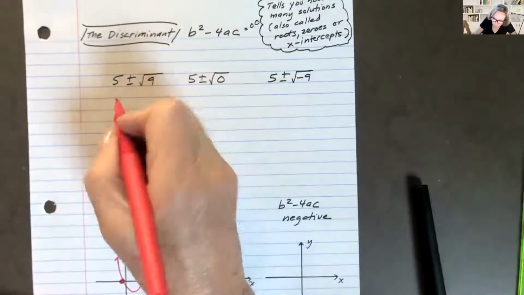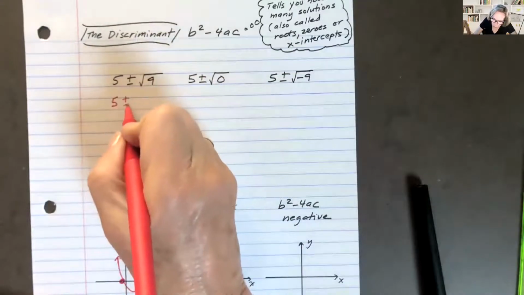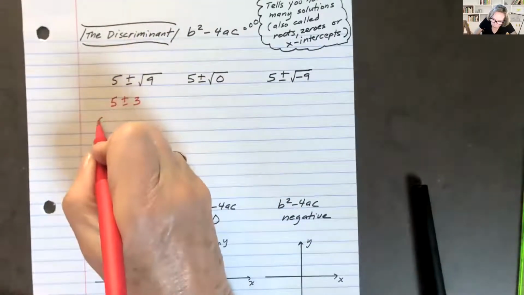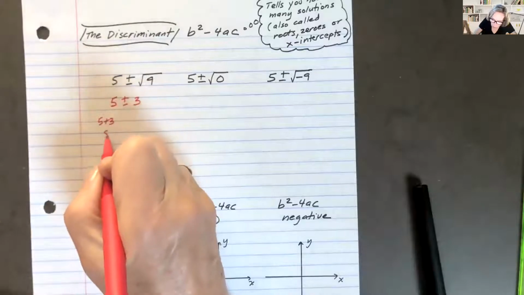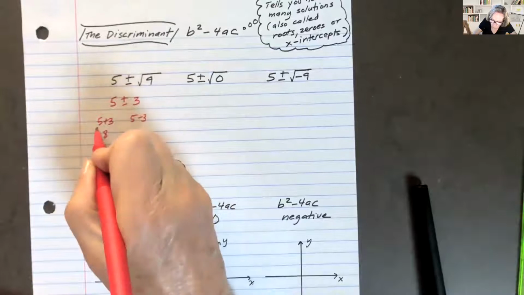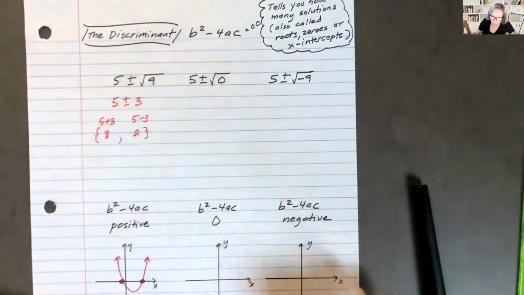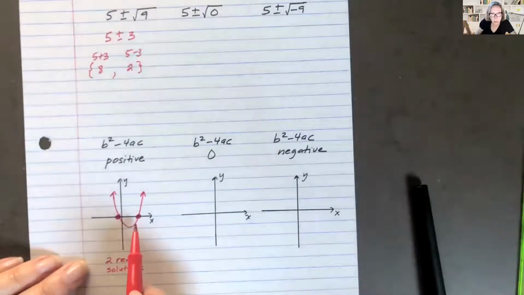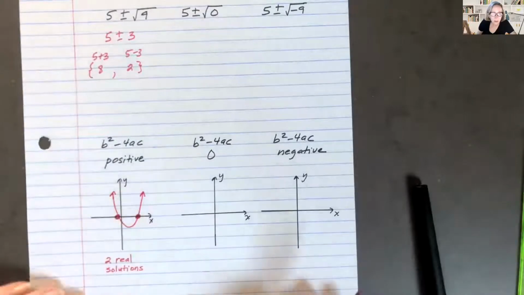And this has a real square root, so we would say this is 5 plus or minus 3. So I would have two answers, 5 plus 3, which is 8, and 5 minus 3, which is 2. Okay, so I'd have two solutions, and that shows that we would have two x-intercepts.